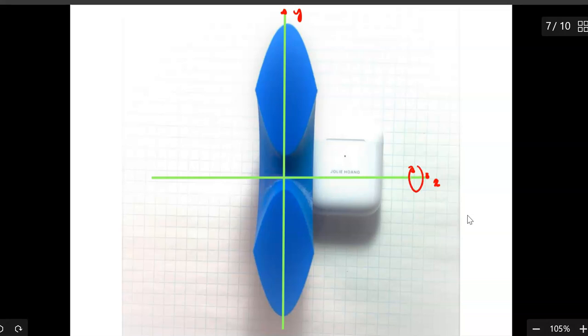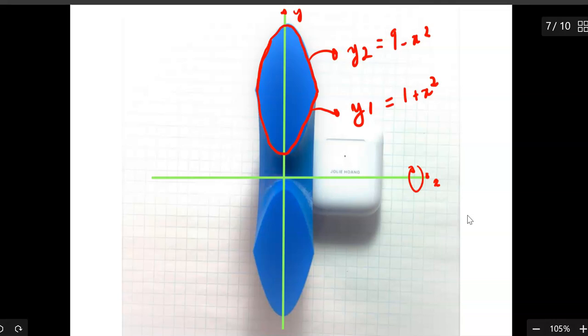Rotate about the x-axis. This one is y2 equal to 9 minus x squared, and this one is y1, which is equal to 1 plus x squared.